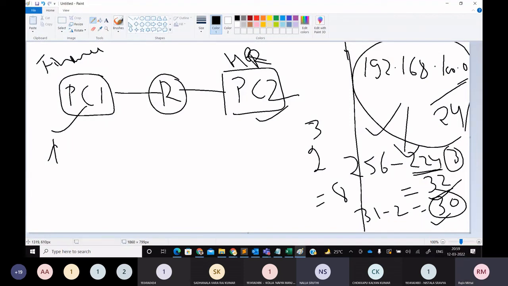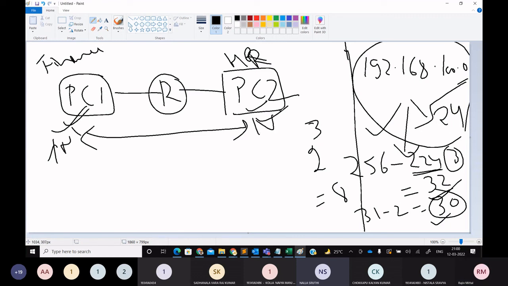Right now here I want to build only 2 networks. So how many bits should I use if I want to divide this? I'm supposed to divide into 2 networks, network 1, network 2.